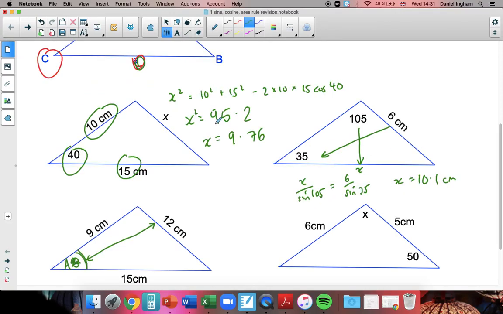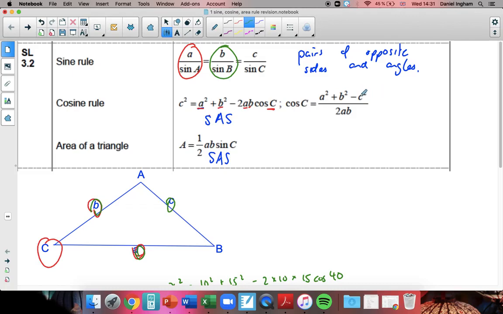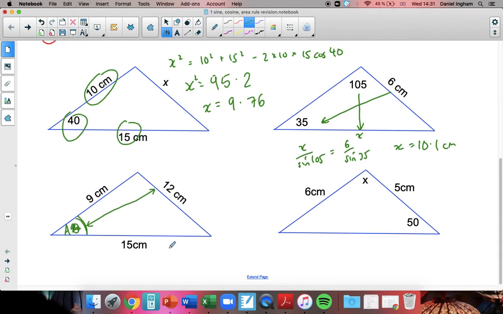You always subtract the side that's opposite the angle. So for this one, I'll just relabel it theta. I know that cos theta is 9 squared plus 15 squared minus 12 squared, over 2 times 9 times 15.